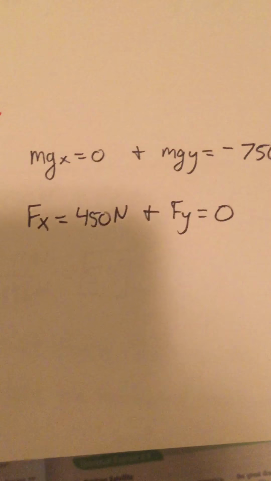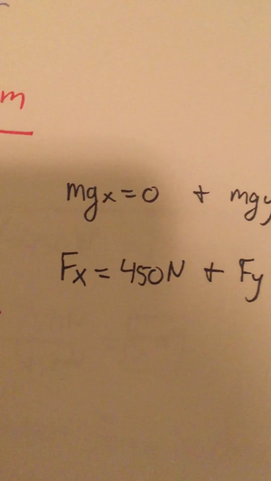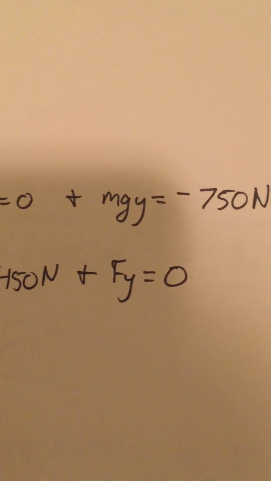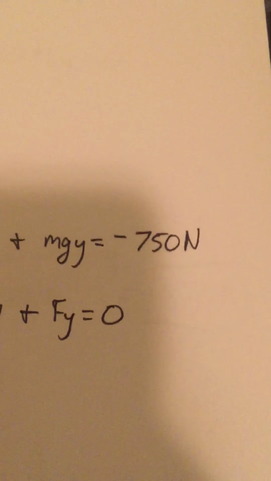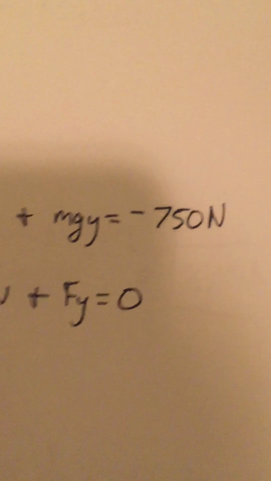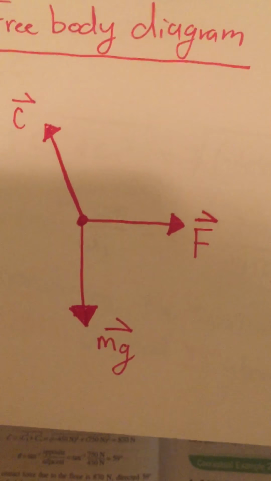So you do your mgx, which is the gravity, and the x position is 0, and your mgy in the vertical position is negative 750 newtons.